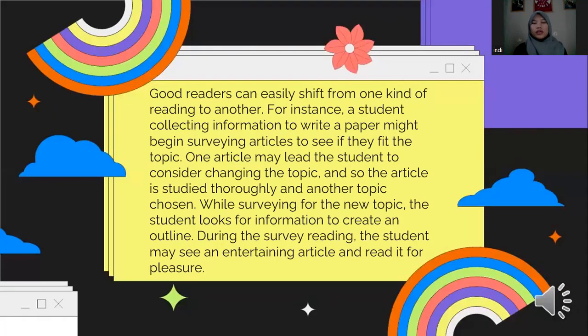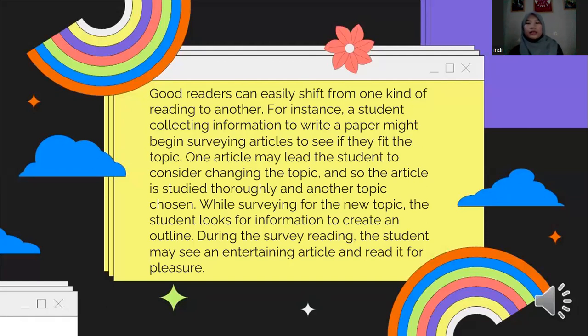Next, with these three points clear, a good reader can easily shift from one kind of reading to another. For instance, a student collecting information to write a paper might begin by surveying articles to see if they fit the topic.